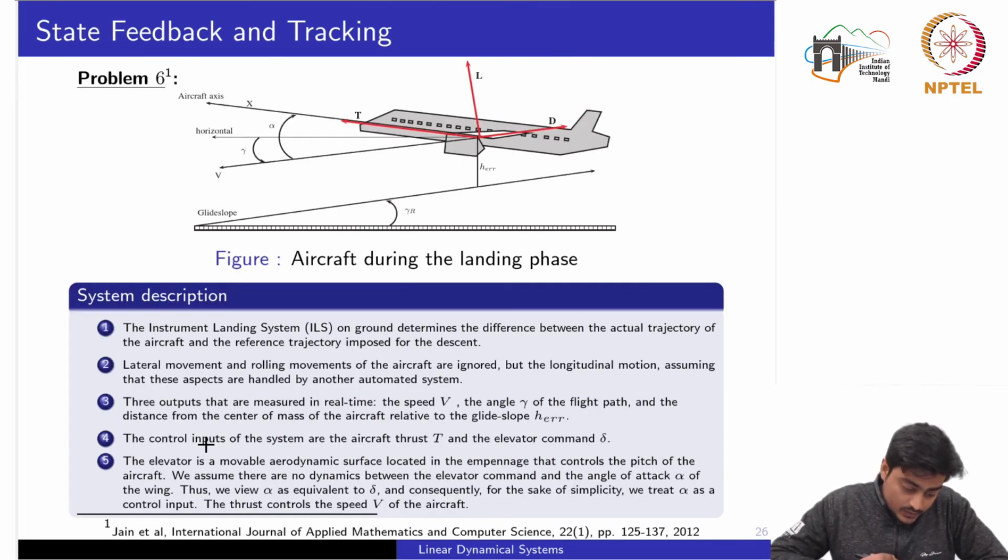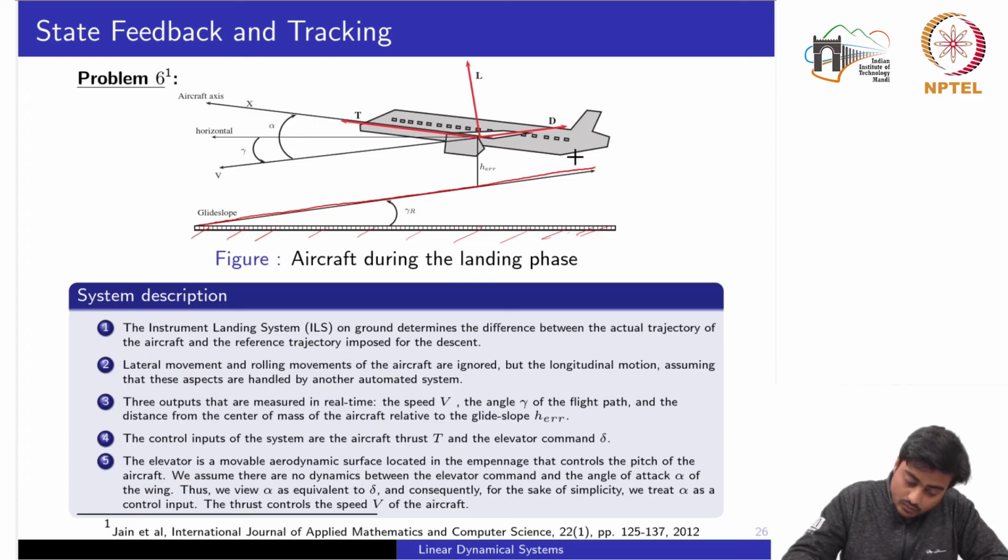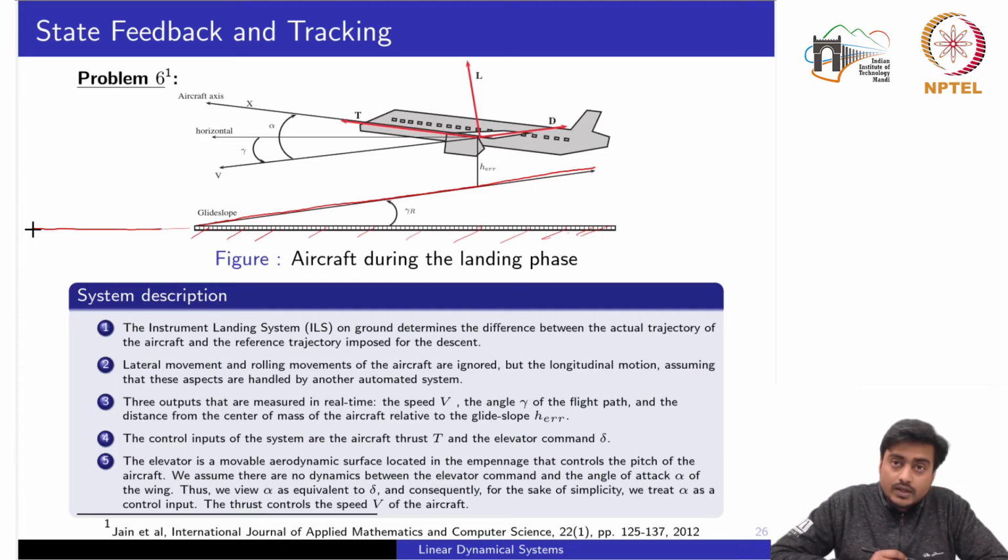Now the last problem deals with state feedback and tracking. This is a more practical example where we have considered an aircraft during the landing phase. Let's recall this system description. This is the ground. Now there is some glide slope along which we want to land this aircraft, and afterwards it will go onto the runway.